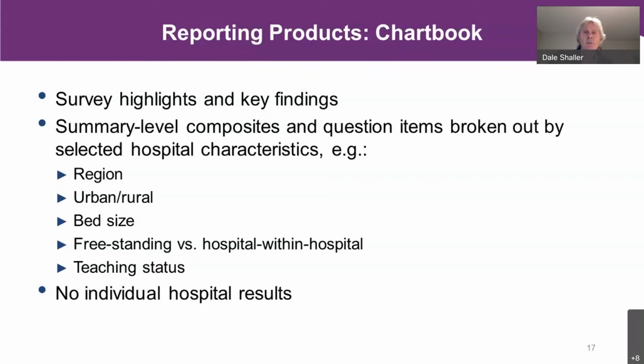Things like the region of the hospital, whether it's in an urban or rural location, the pediatric bed size of the hospital, the units, whether it's a freestanding or a hospital within a hospital configuration, teaching status, and other characteristics that would be reported to us by the participating organization.